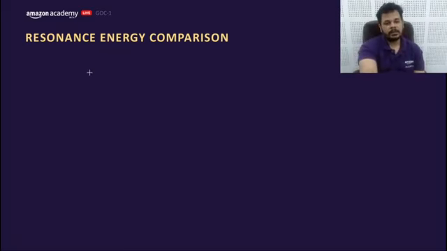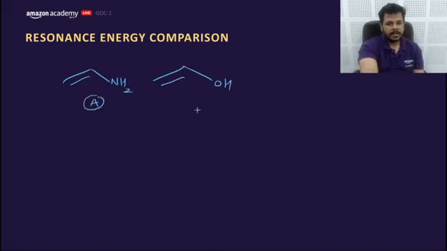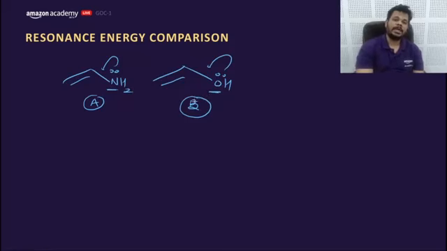Resonance energy comparison. Let's have an example. If it is given like this, NH2, and if it is given like that, OH, this is A and this is B. This is nitrogen and this is oxygen. Both will form 2p-2p resonance. But who will give the lone pair easily, oxygen or nitrogen? The answer is given by ease of resonance.